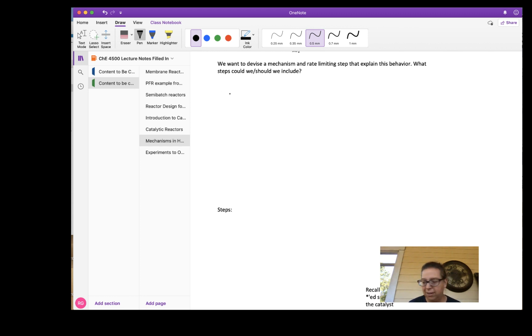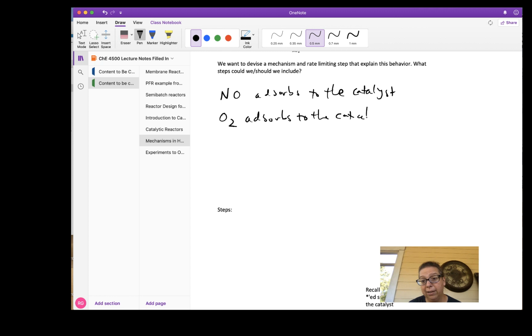For NO oxidation to occur, one thing that has to happen is NO has to adsorb to the catalyst. We also need O2 to adsorb to the catalyst. So now we've gotten our reactants on the catalyst.